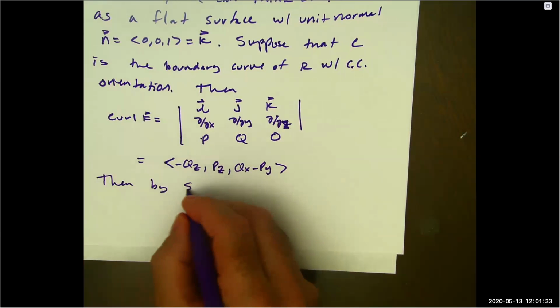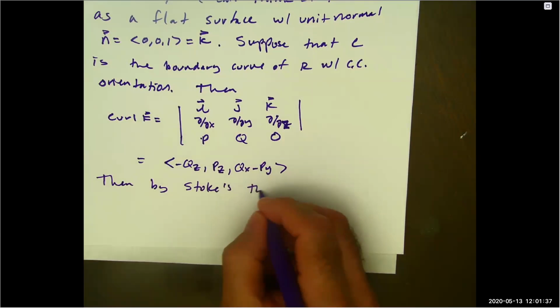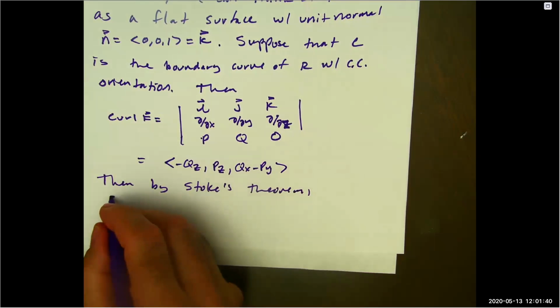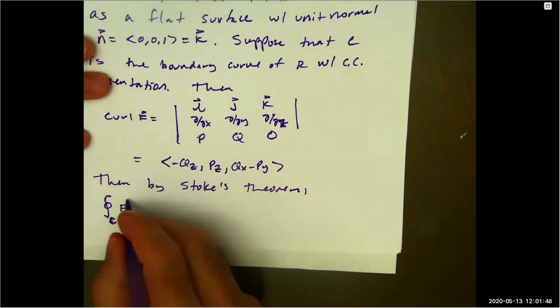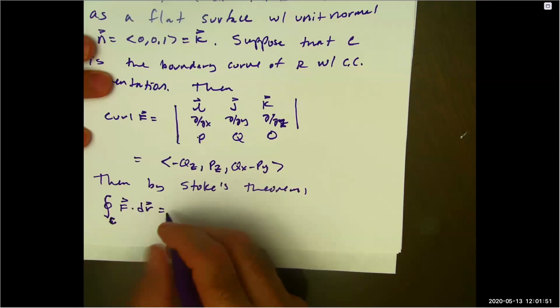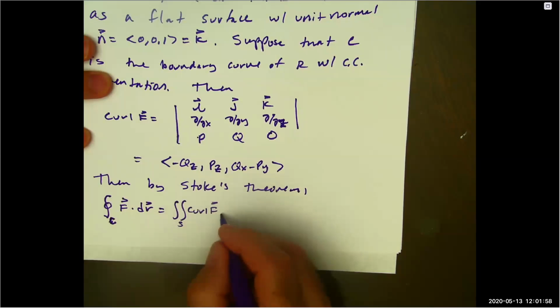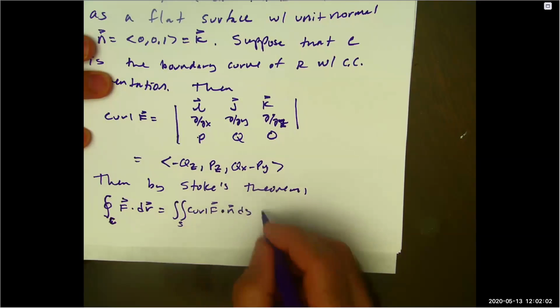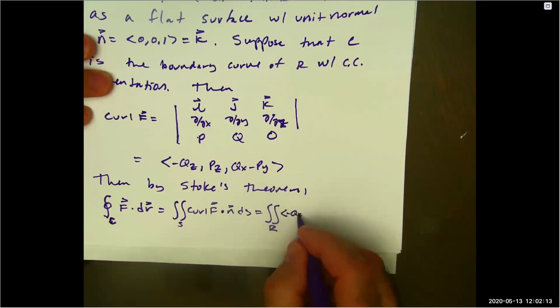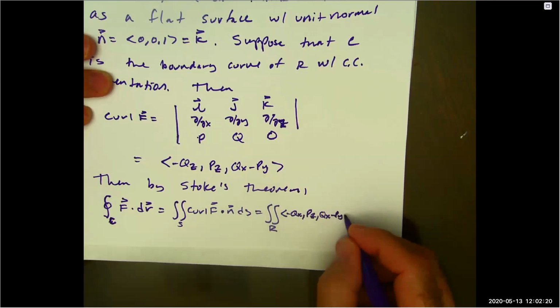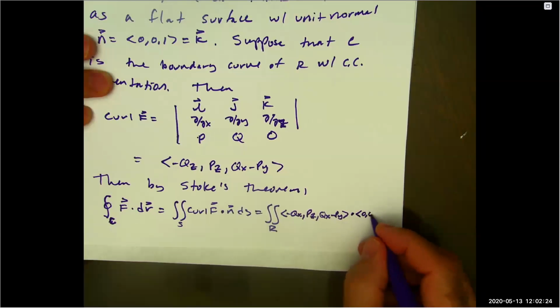So by Stokes' theorem, the line integral around C of F dot dr is going to be equal to the curl of F dotted with n dS, which is just the integral over R of minus Qz, Pz, and then Qx minus Py, dotted with 0, 0, 1 dA.